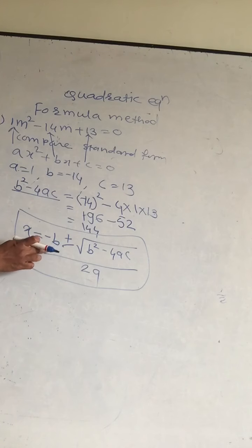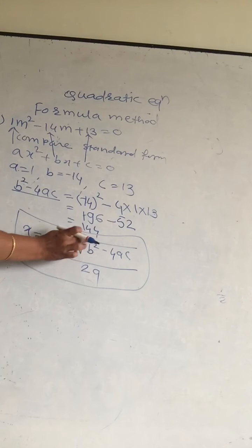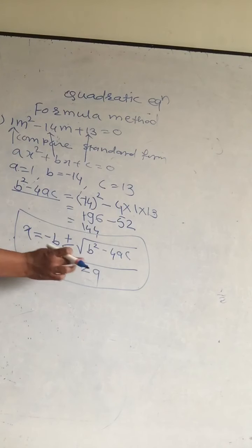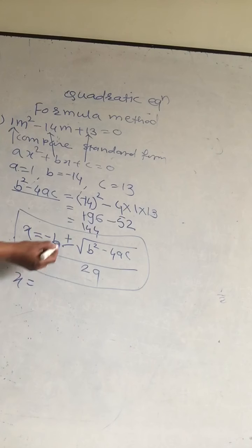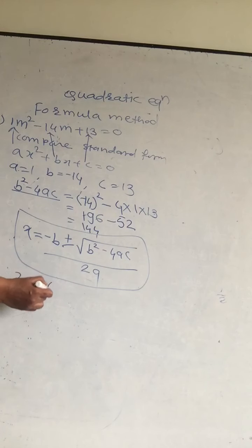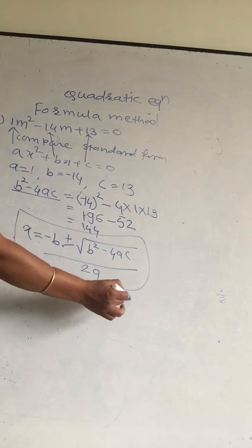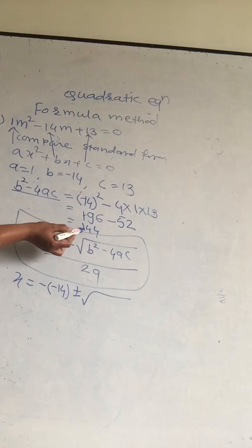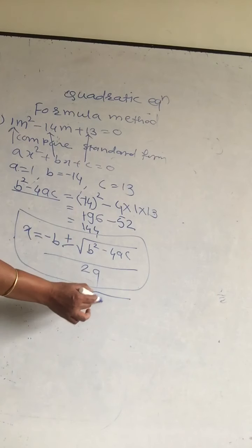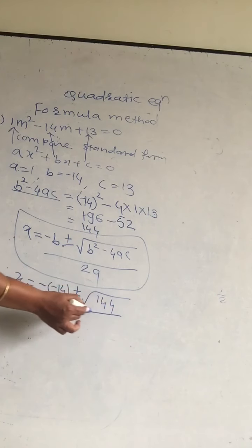Now substitute the values. Minus b is minus 14. So minus 14 plus or minus the square root of b square minus 4ac, which is 144, divided by 2 into a, which is 1.